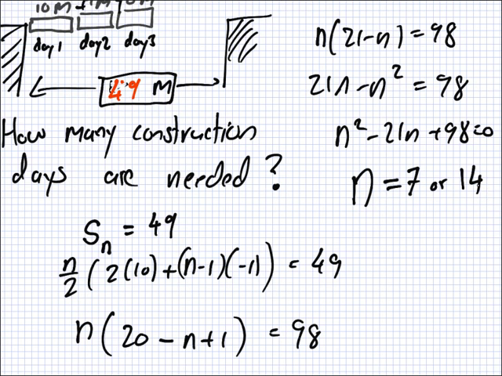And then because the d is minus 1, instead of building a positive number, they'll build a negative number. So they build the bridge, they build a little bit extra, and then they start destroying until they get back to 49. So this answer we reject. We stop when we first get the bridge constructed.